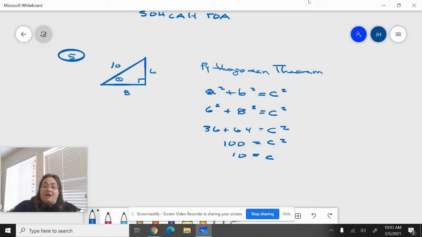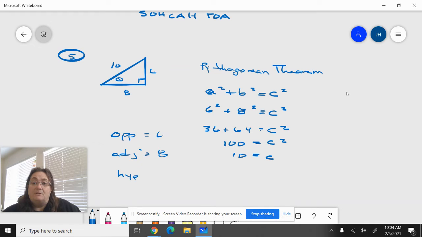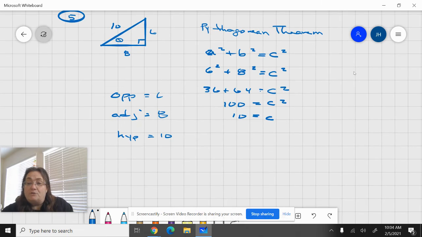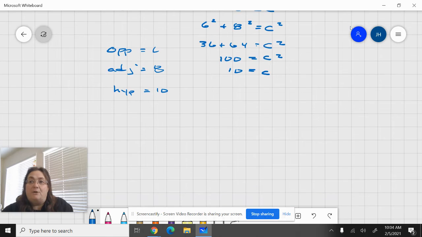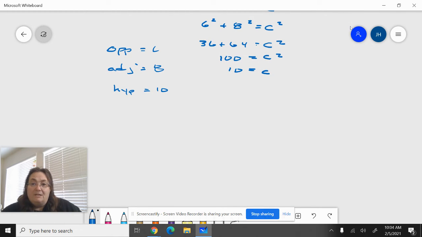And so now we can find, using that information, all 6 trig functions, because what is it telling us? It's telling us that the opposite equals 6, the adjacent equals 8, and our hypotenuse equals 10. And so now, knowing our SOHCAHTOA, we can go, well, sine is some old hippie.